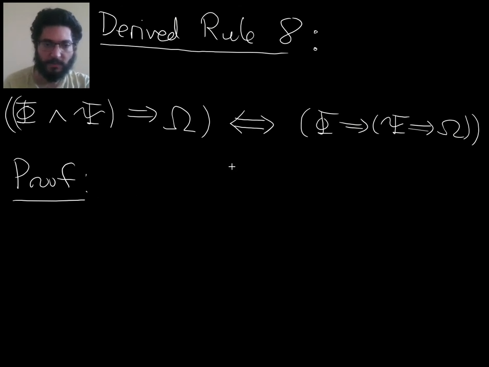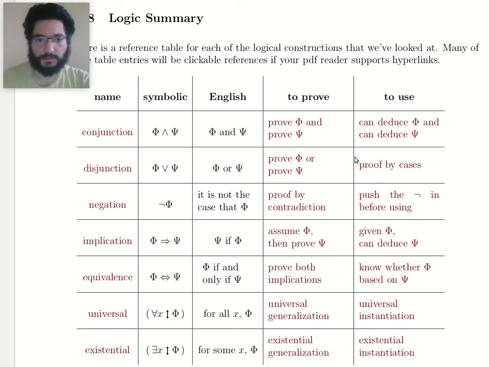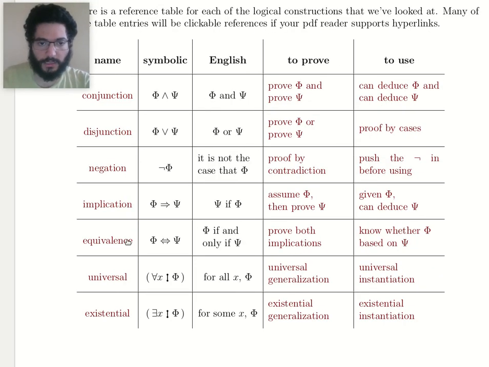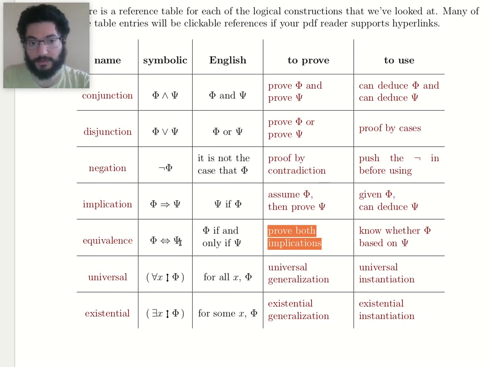So, what am I trying to prove? An if and only if, a logical equivalence. So then, we look here at equivalence, how to prove both implications. To prove that phi holds if and only if psi holds, I must prove phi implies psi and psi implies phi.